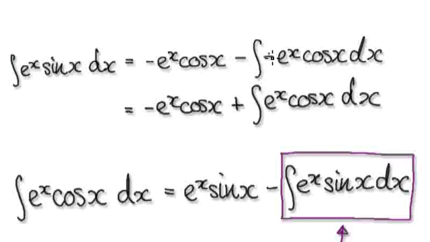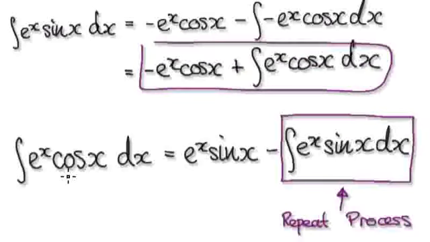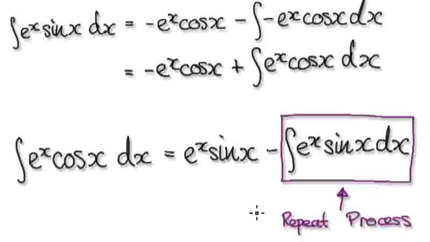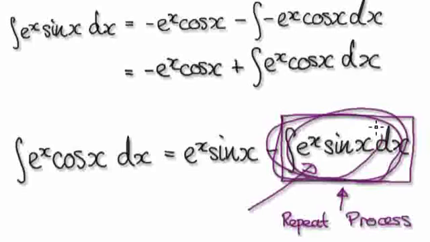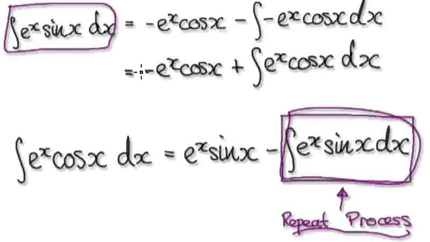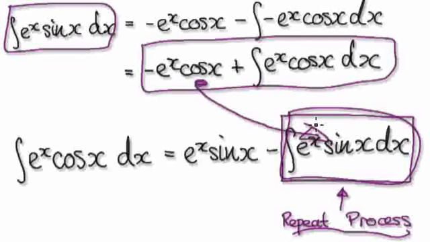Now take this out, so that will then become this. Don't forget, earlier we were at this stage here, and then I asked you to repeat the process on this. Well, this box here is exactly the same as this, and repeating the process on this gave us this. So now we can put this back into here.